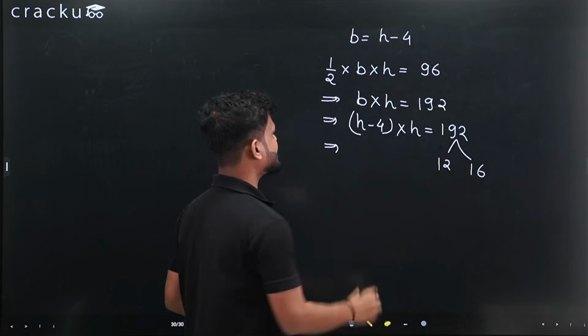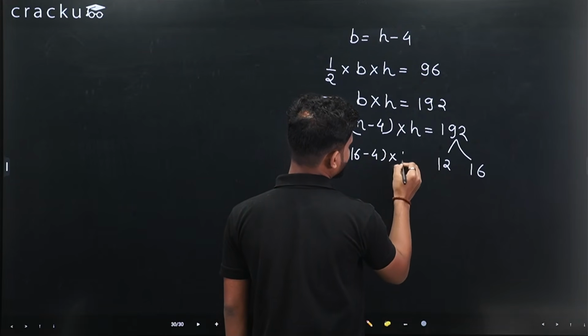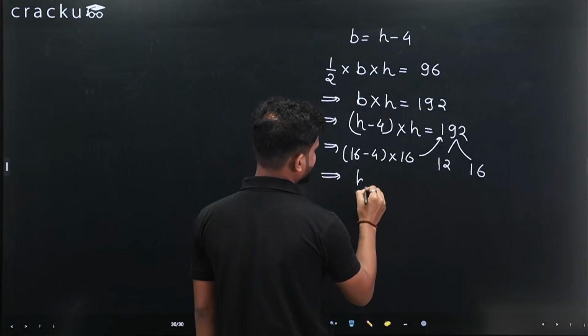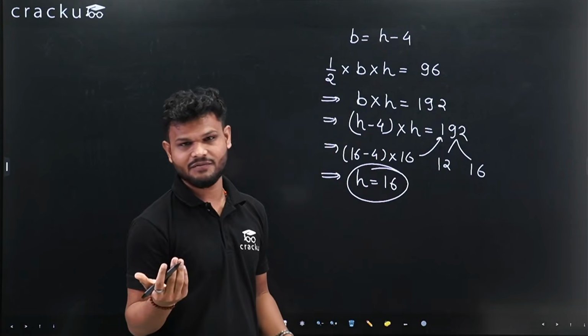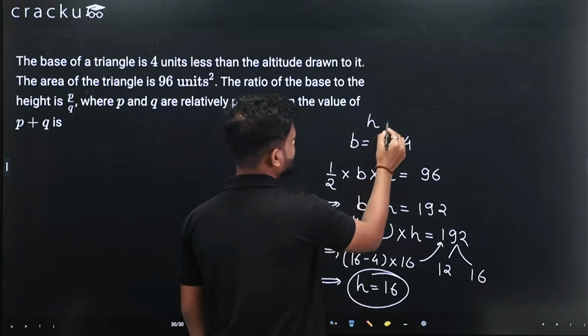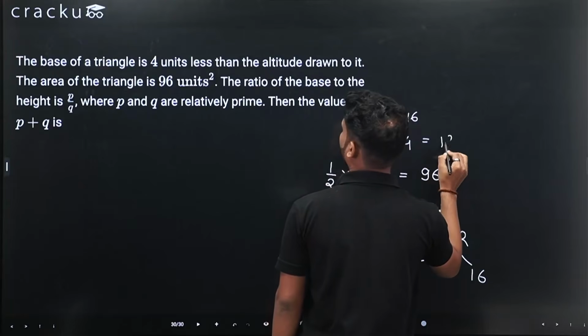Yes. And what happens here is 16 minus 4 into 16 is 192. So from here I can say h is equal to 16. You can solve this by quadratic equation also, but this is a faster method. So height is 16. So base will be 16 minus 4, 12.